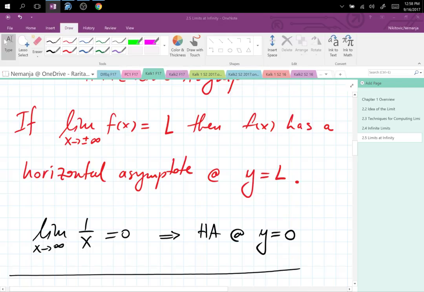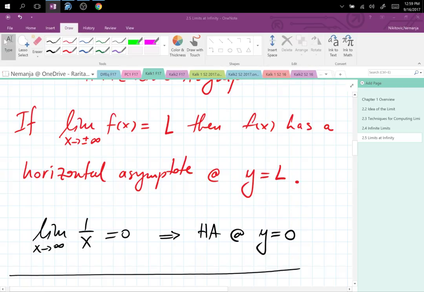Theorems tell you how to do the problem. This theorem in red states that if you take the limit as x goes to positive or negative infinity and you get a finite value, that's your horizontal asymptote. There's nothing else that you need to know.